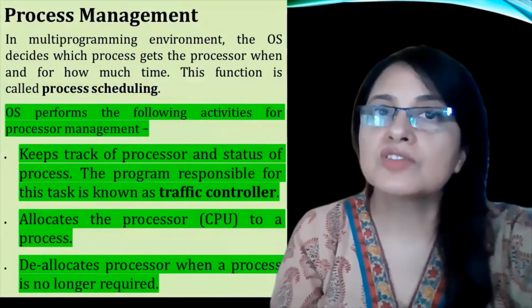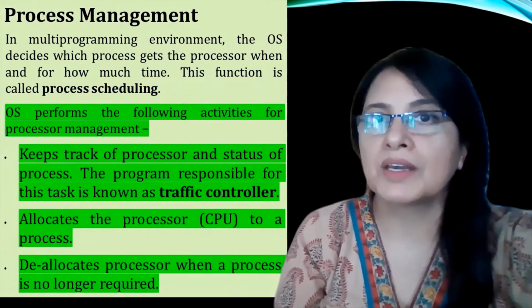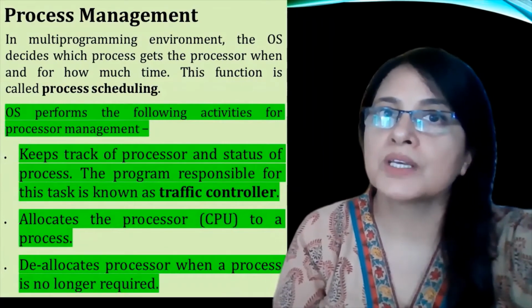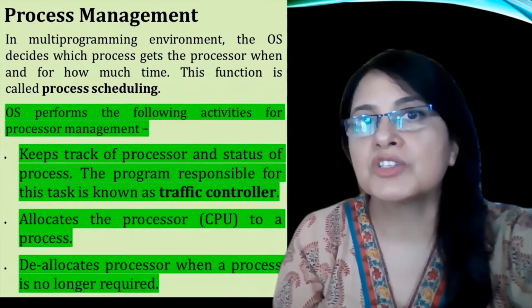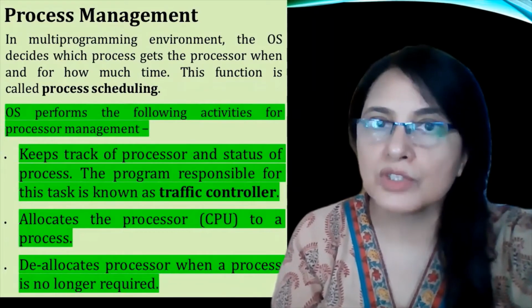So that brings us to process management. Basically, again, in a multi-programming environment, the operating system will decide which process will get how much time from the processor. And this is called process scheduling.